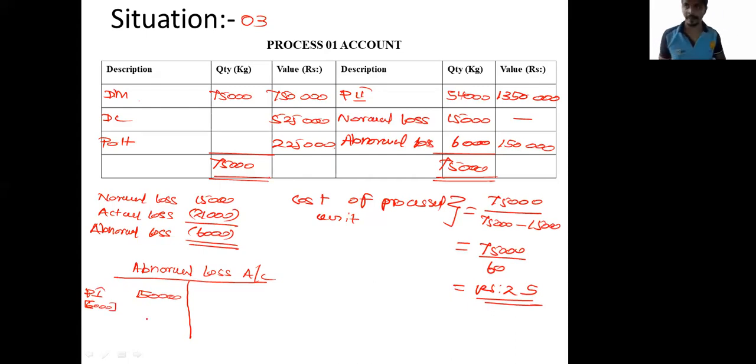At the end of the period, we can balance this account and transfer the balance to charge against the revenue, as this is an additional expense. Then 150,000.